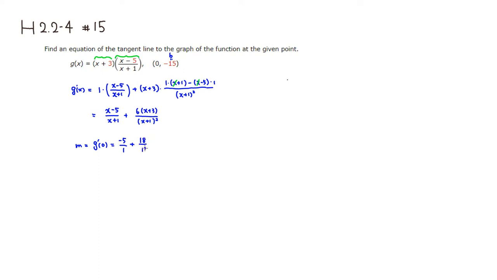So this is 18 minus 5, which is 13. Therefore, we can use slope-intercept form: y equals 13x minus 15. Let's type it in.